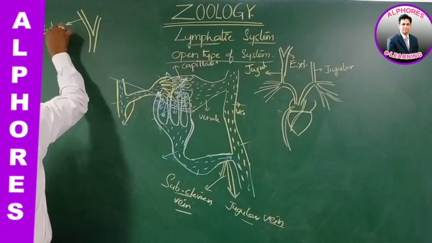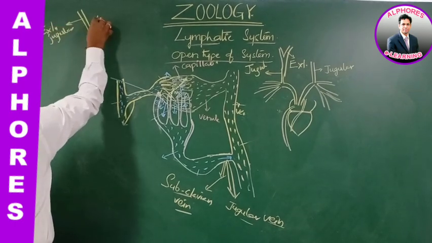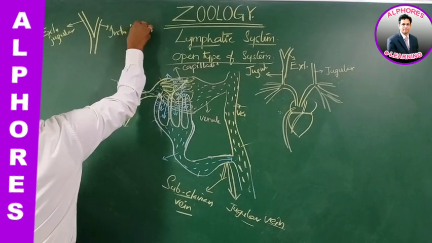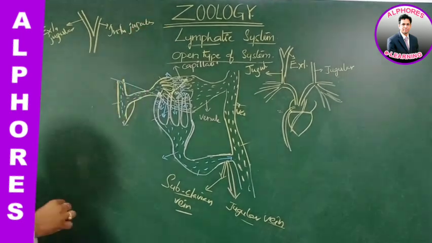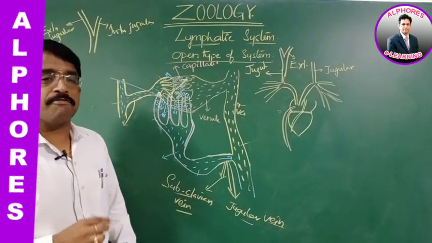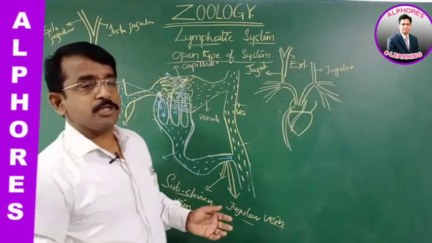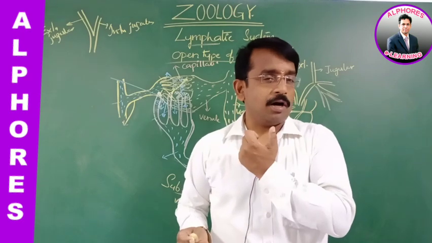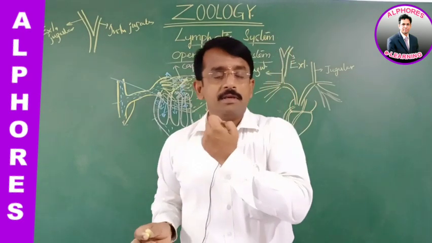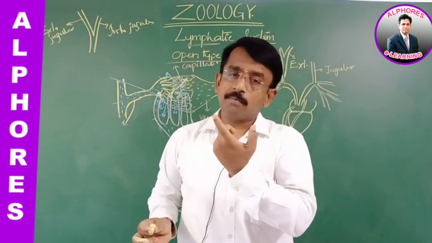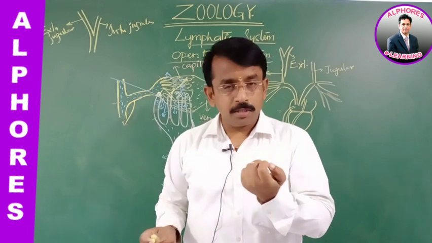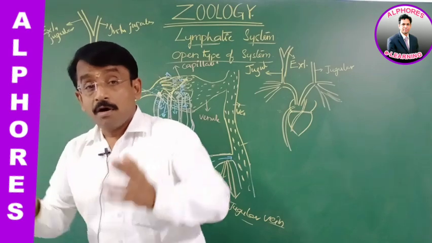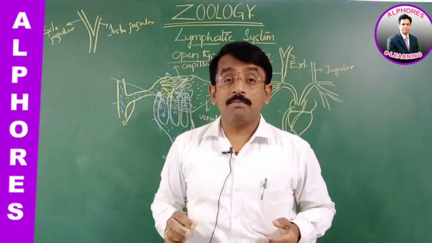Basically, the external jugular collects the blood from the lips, tongue, jaws and salivary glands. The internal jugular vein collects the blood from the brain.